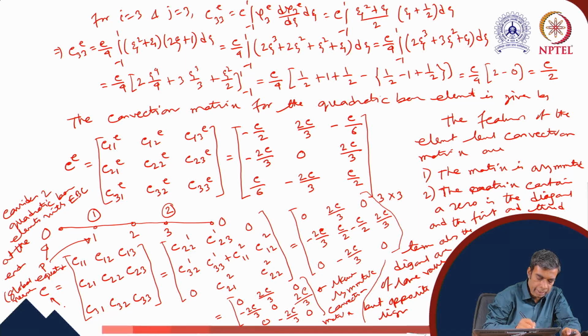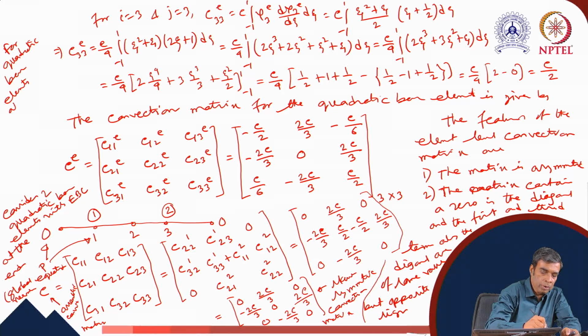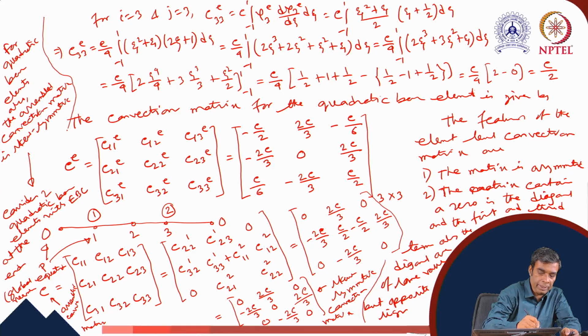So this capital C is the assembled convection matrix. So we have shown that for quadratic bar elements also the assembled convection matrix is skew symmetric. So the proof is shown here.